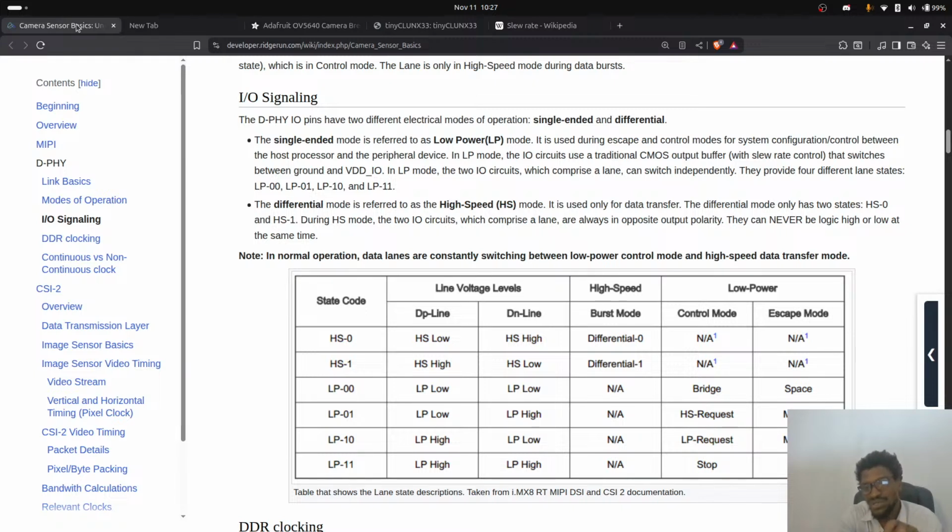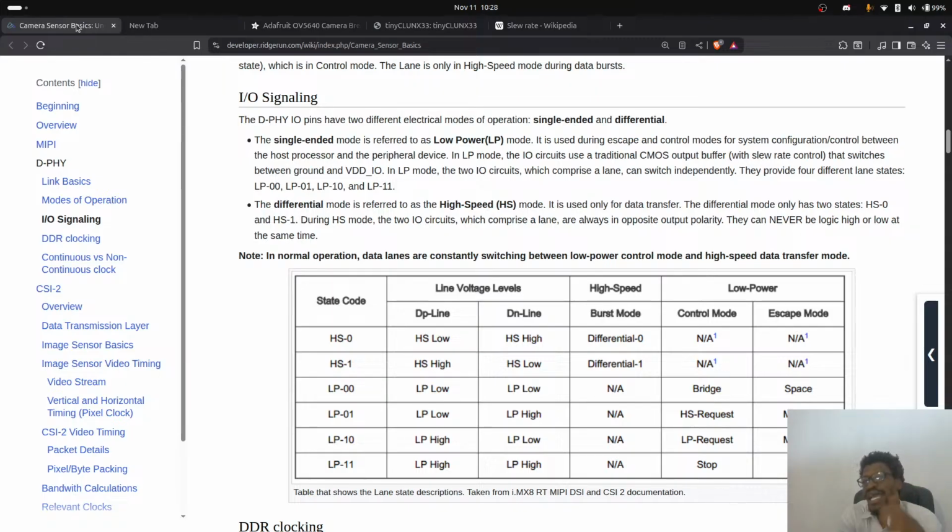And then you can use LP high and LP low. The DP line can be high and the DN line can be low, and you can use this as a low power mode request. And then if the DP line is low and the N line is high, then you are in stop mode. Basically, you're not doing anything. And also, some of them can dictate that you're in escape mode, which we'll cover later.